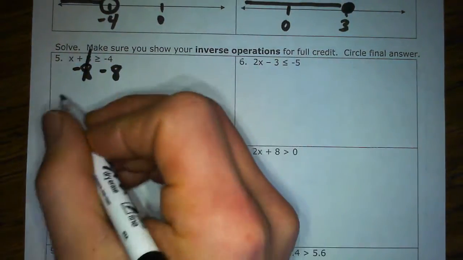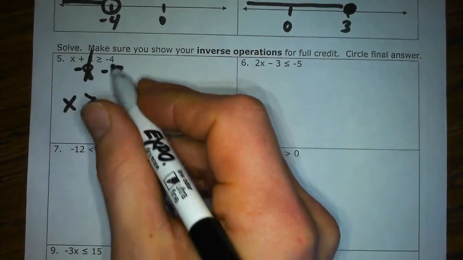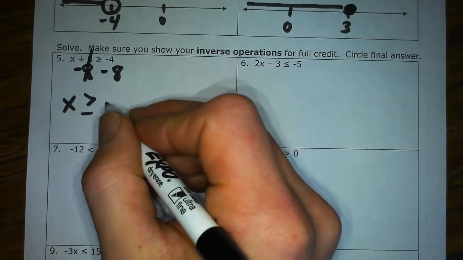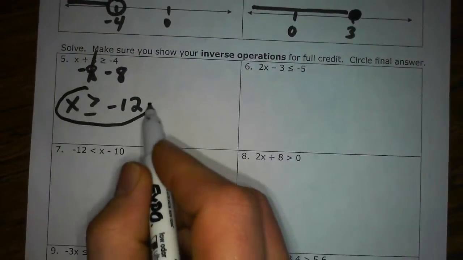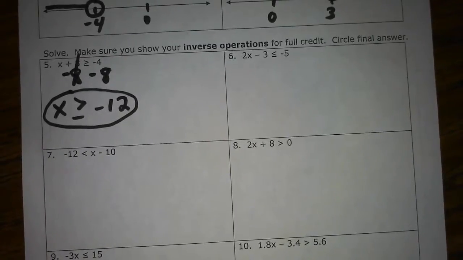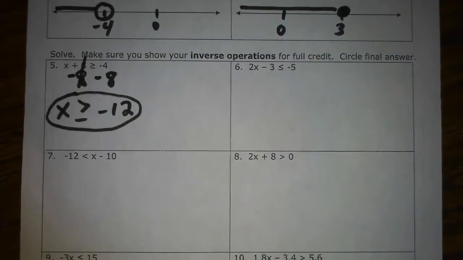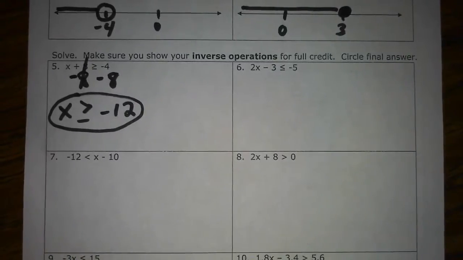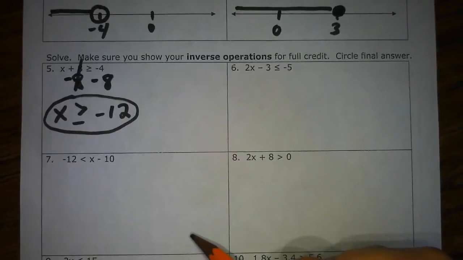Those cancel out, so you get x is greater than or equal to -4 minus 8, which is -12. I didn't need to flip any symbols there because I just subtracted. I didn't multiply or divide. You only flip the symbol when you multiply or divide by a negative number. Since I'm just subtracting there, I don't have to flip anything. So that's how you show your work.